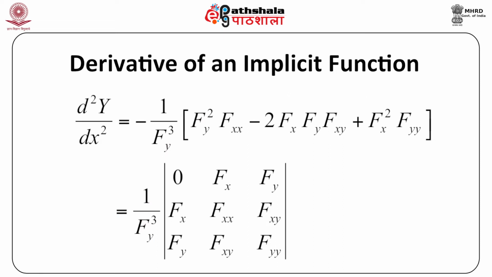Substituting in the above and using Young's theorem, d2y/dx squared is equal to minus 1 by Fy cubed, bracket open, Fy squared Fxx minus 2 Fx Fy Fxy plus Fx squared Fyy, bracket close, which is equal to, in matrix form, 1 by Fy cubed times the determinant of the matrix with rows 0, Fx, Fy; Fx, Fxx, Fxy; Fy, Fxy, Fyy.